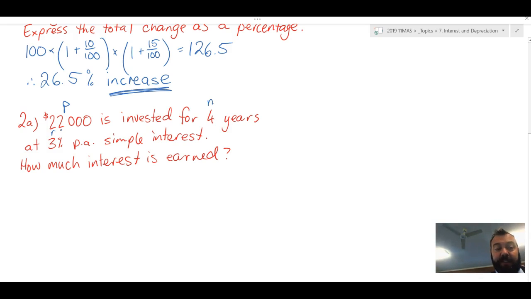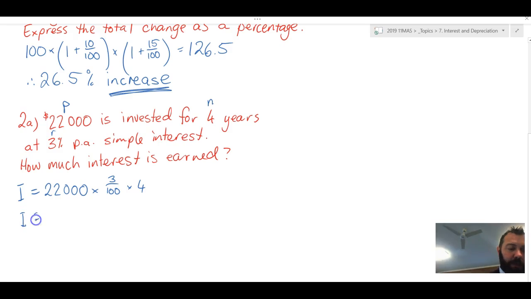Everything's in years. So remember, our formula is interest equals PRN. You don't have to write your formula, but you do have to write your substitutions. So my interest equals 22,000 times 3 over 100, that's my R, times N is 4.